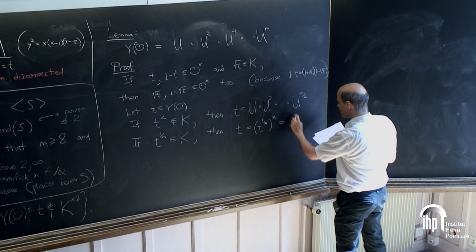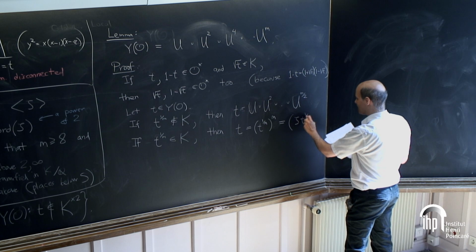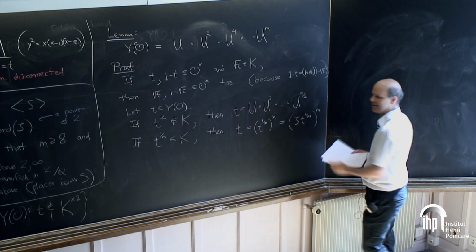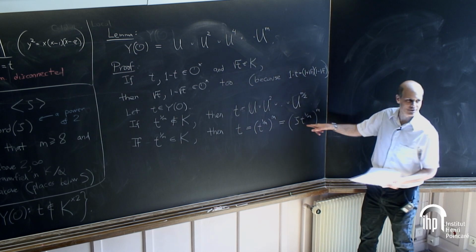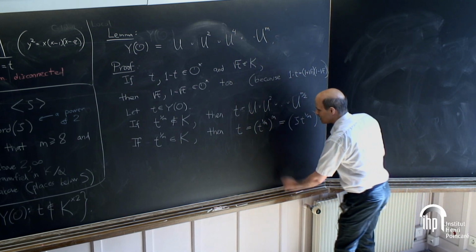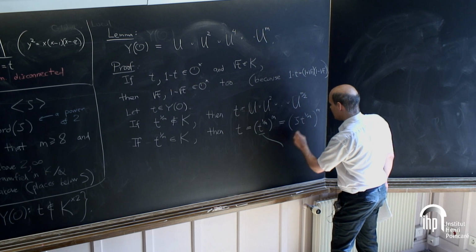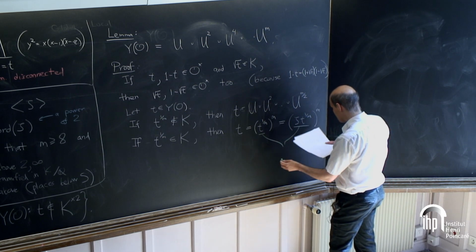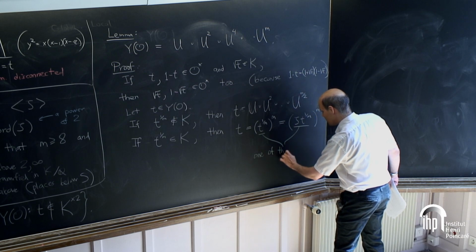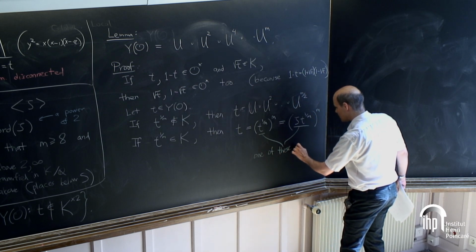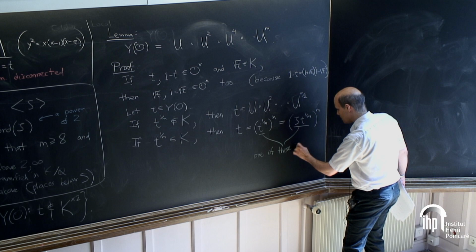Well, it's also the square root of this other thing. And they can't both be squares, so one of these is going to be a non-square, is in U.